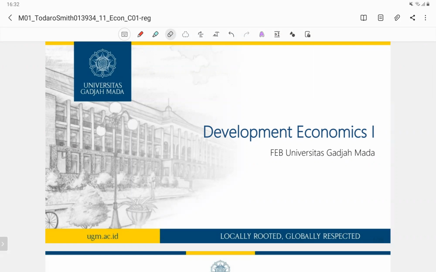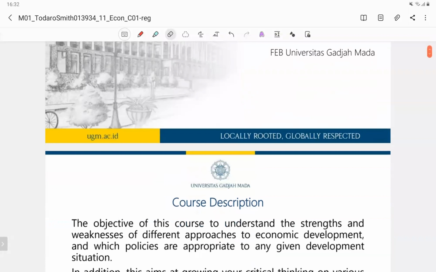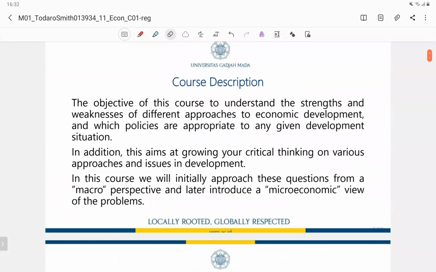Okay, so welcome to Development Economics 1 in FEB Universitas Gadjah Mada. Well, let's go to the course description. The objective of this course is to understand the strengths and weaknesses of different approaches to economic development.